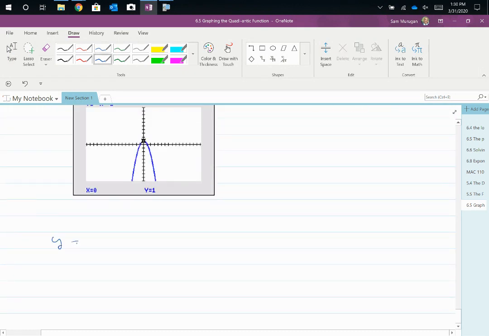If I were to say negative x minus 3 squared, where the whole of x minus 3 is in the parenthesis, this would be reflected on the x-axis, shifted 3 right.